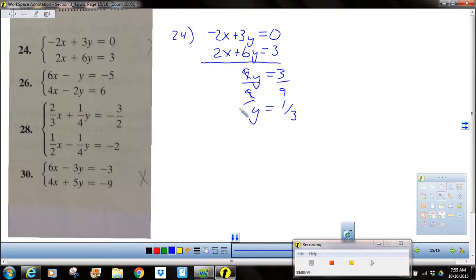Now something that makes this a little bit worse than substitution is that I don't have an equation that's solved for x for me to plug this into and find out what x is. But that's alright, we'll work around it. Choose one of these to plug into. I think I'm going to plug into the second equation that doesn't have negatives.